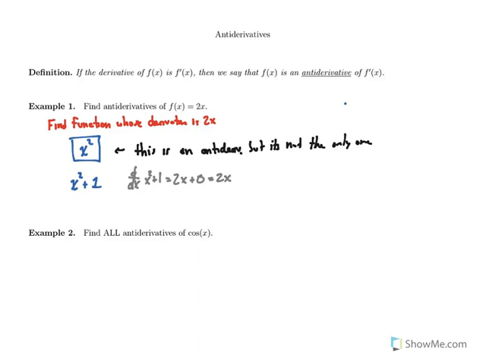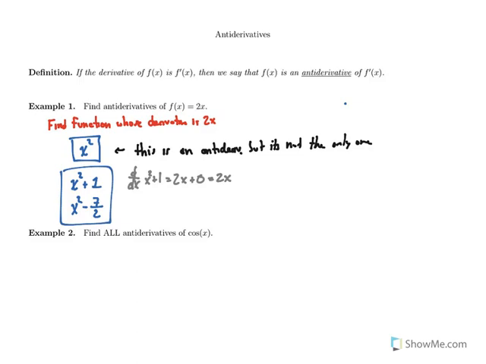So that's another function whose derivative is 2x. You could also do something like x squared minus 7 halves. That's also an antiderivative. So there are some antiderivatives of 2x.